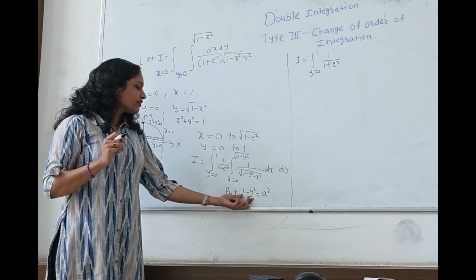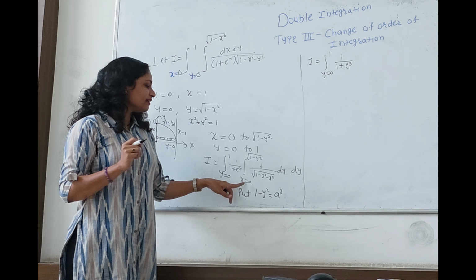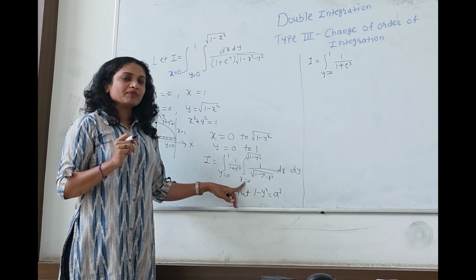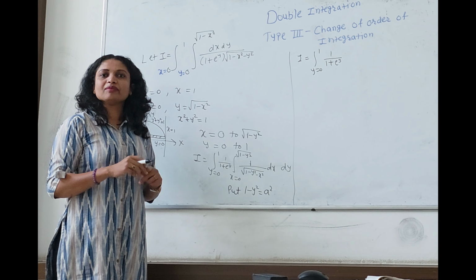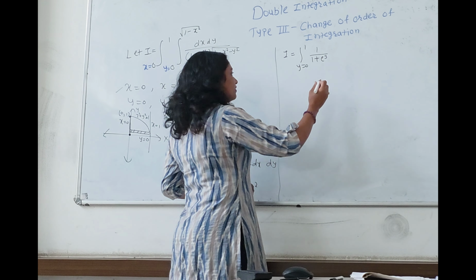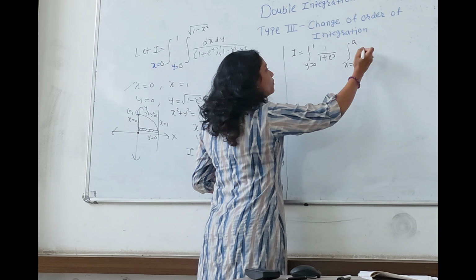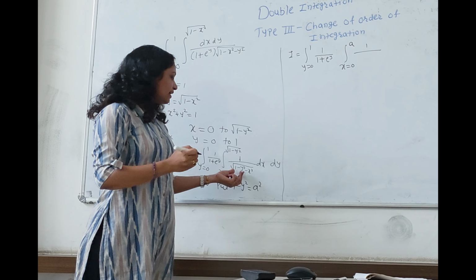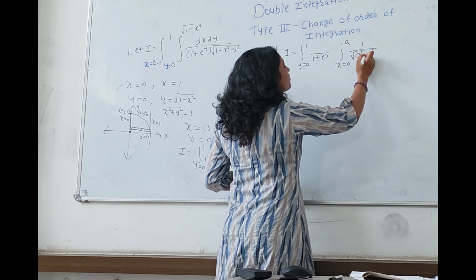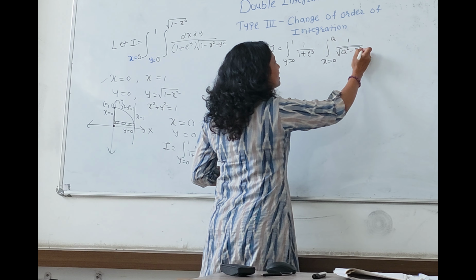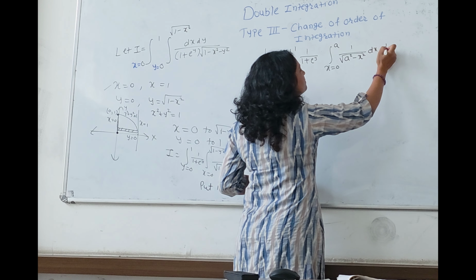For this bigger constant, we substitute some smaller constant. So what will be the change in the integration limits now? It will be from 0 to root of a square, so ultimately it will be a. So you will have limits here, x equals to 0 to a, 1 upon root of a square minus x square dx and then dy.